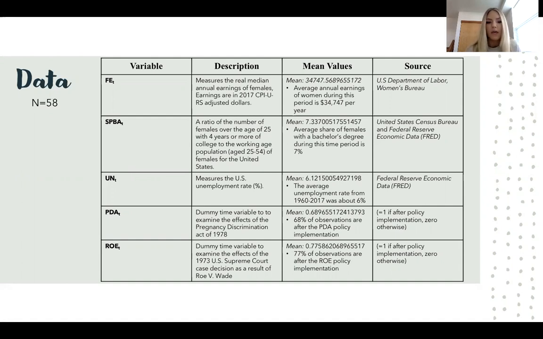Finally, we have Roe, which is a dummy time variable to examine the effects of the 1973 US Supreme Court case decision as a result of Roe v. Wade. The mean for this is 0.7758, which means 77% of observations are after the Roe policy implementation. And similarly to the PDA, it equals 1 if after the policy implementation or 0 otherwise.